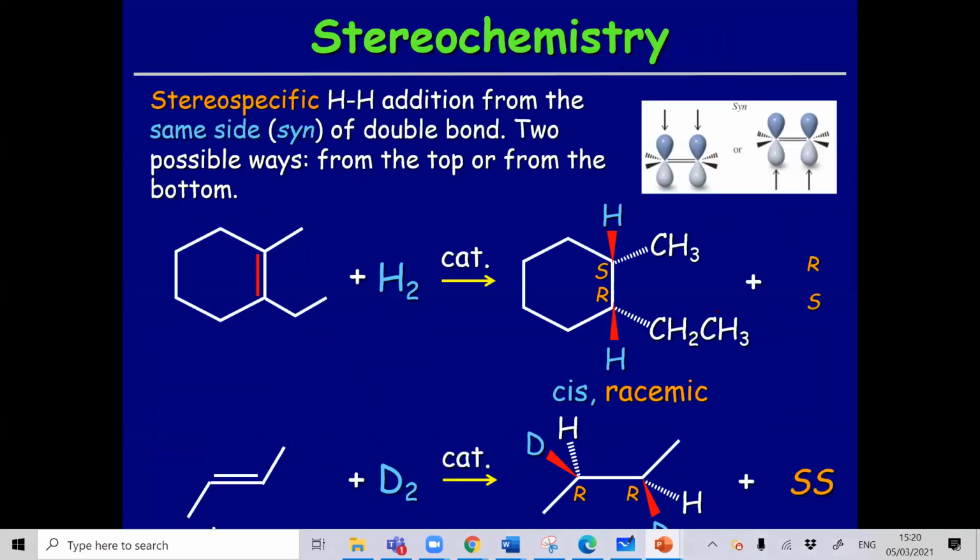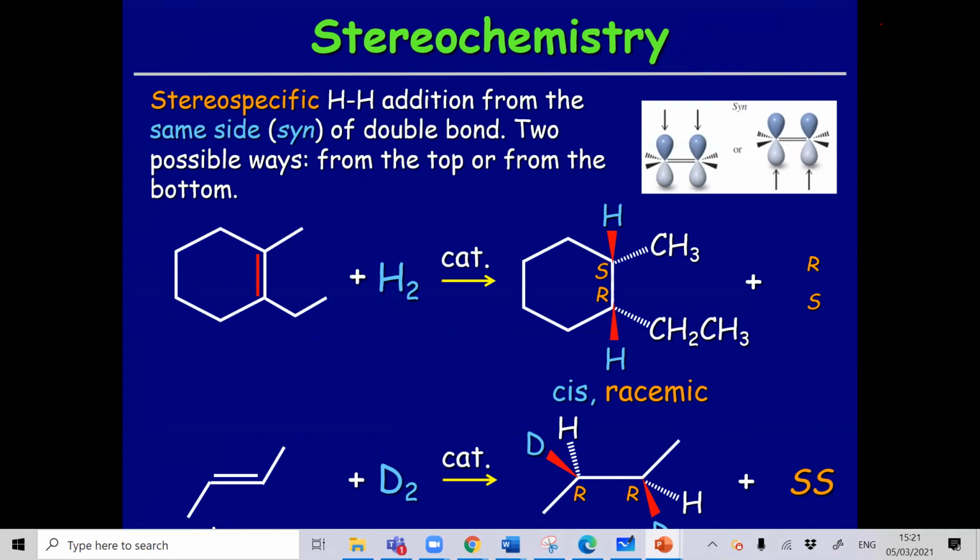Then, stereochemistry. Because of what I just said, this will be syn addition. Why? Because they're going to come from the same side. The hydrogen will add to the double bond from the same side. Both hydrogens will be on the same side. So this is syn addition. Now, have you heard the terms syn and anti at the moment?